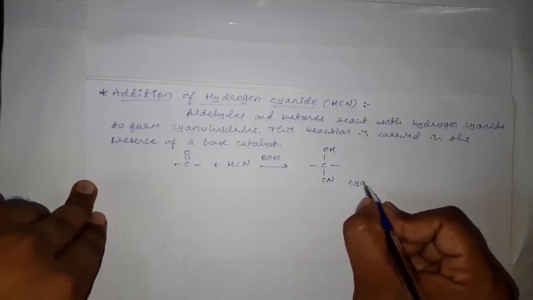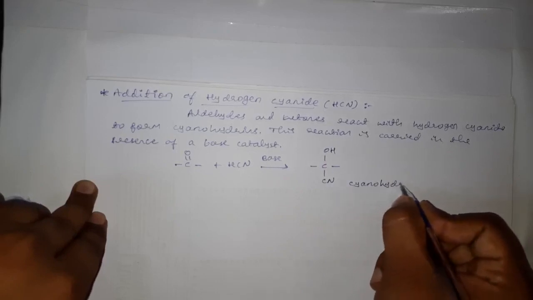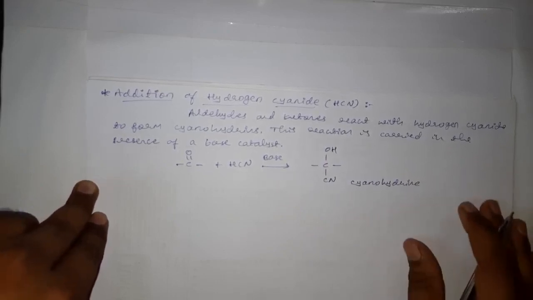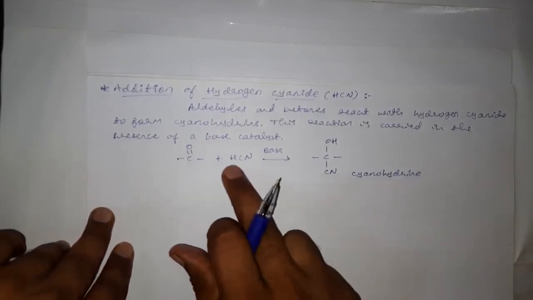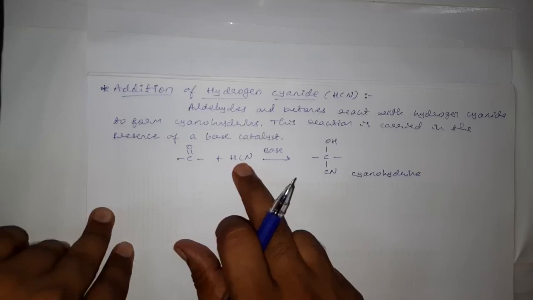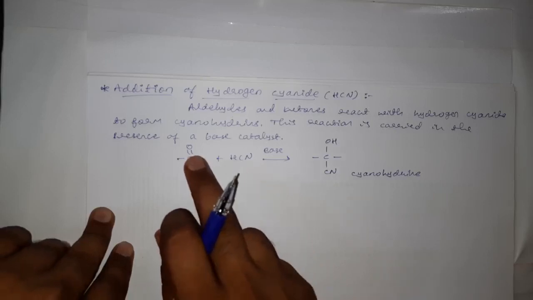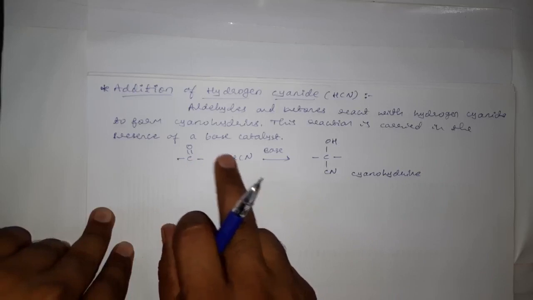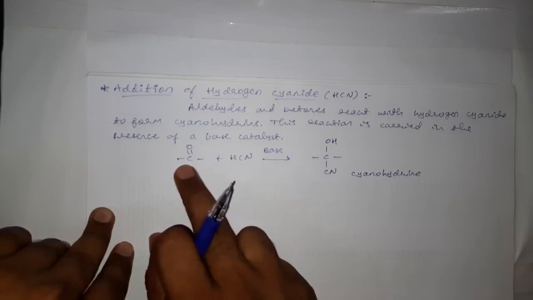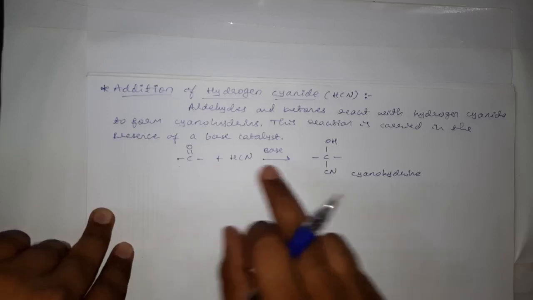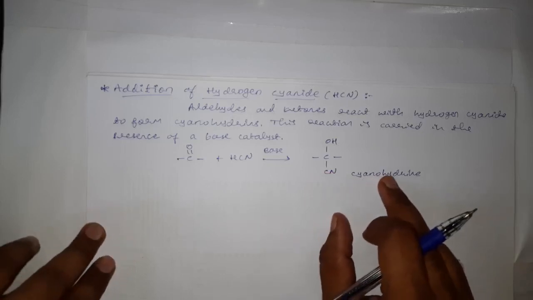This is called cyanohydrin. Here HCN is adding across the double bond. The hydrogen attaches to oxygen, and the CN minus, the cyano group, attaches to the carbonyl carbon to form an addition product, the cyanohydrin.